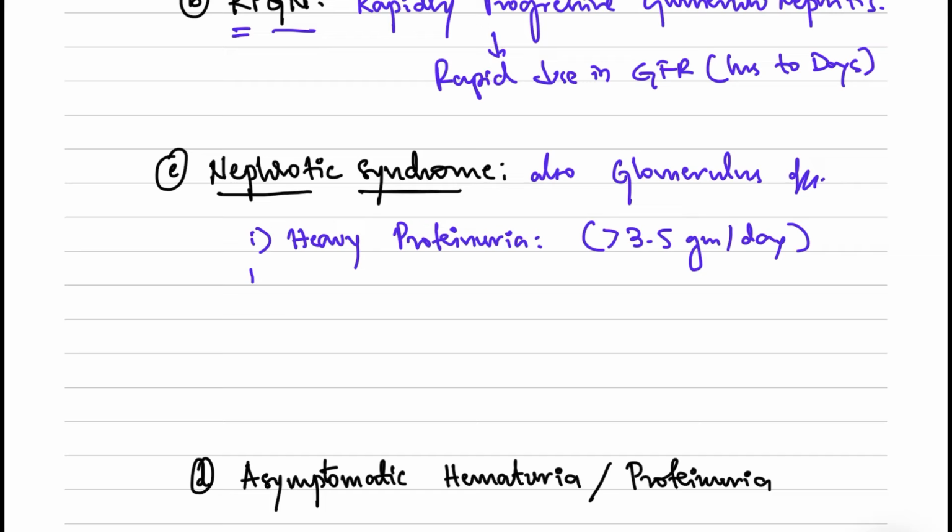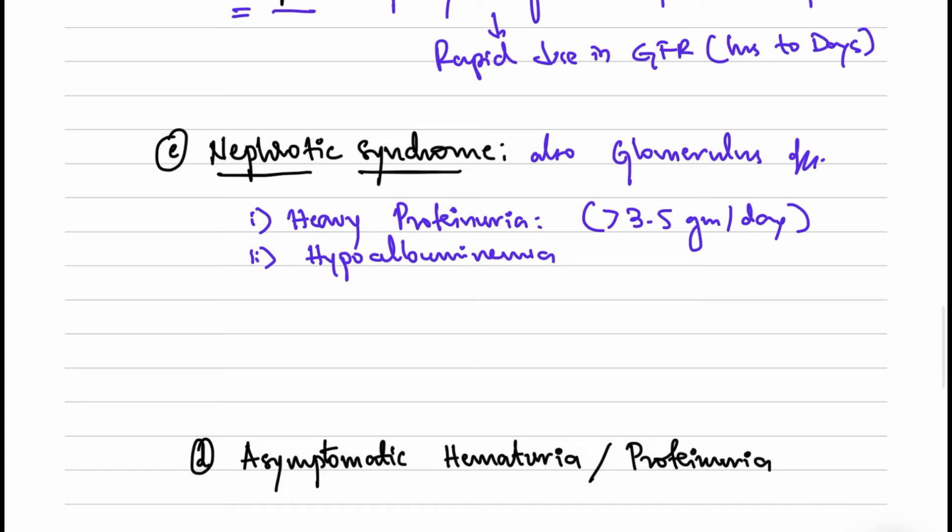Okay, it also results in hypoalbuminemia, because the major protein that is lost in the nephrotic syndrome is albumin, and this in turn leads to severe edema of the body. This results in anasarca of the body. There is periorbital swelling, lower limb swelling, ascites, etc.